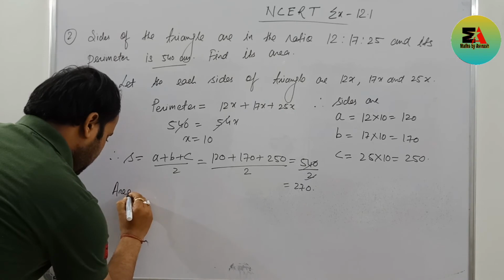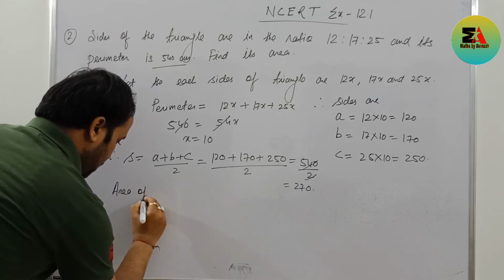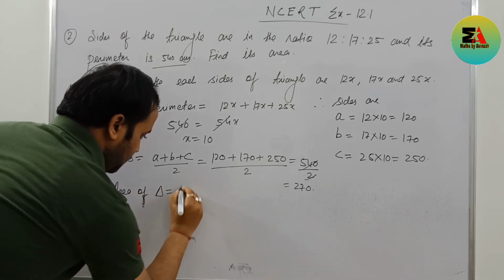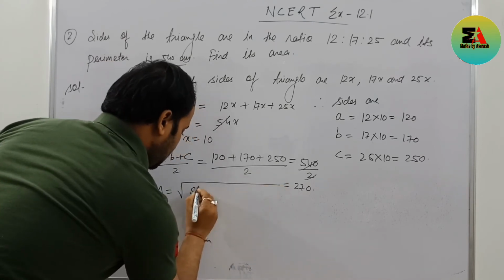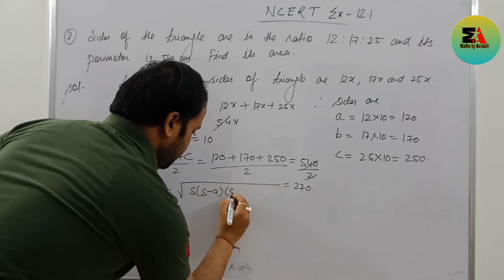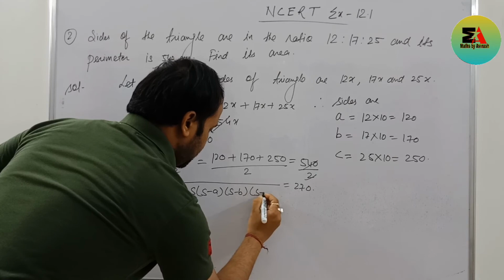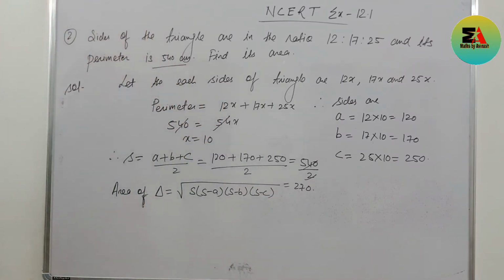Therefore, the area of the triangle is root over s into s minus a, s minus b, s minus c. Clear?